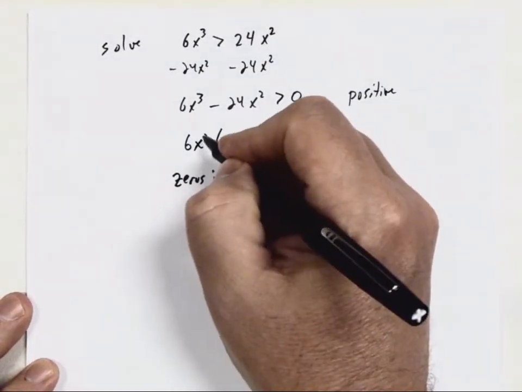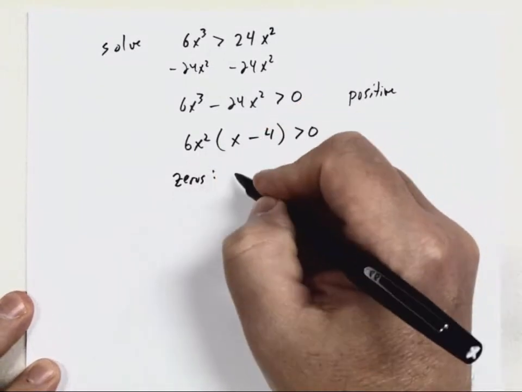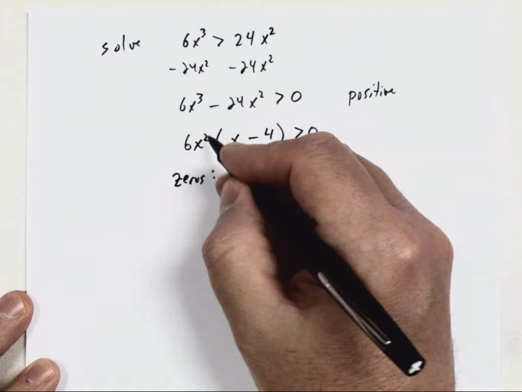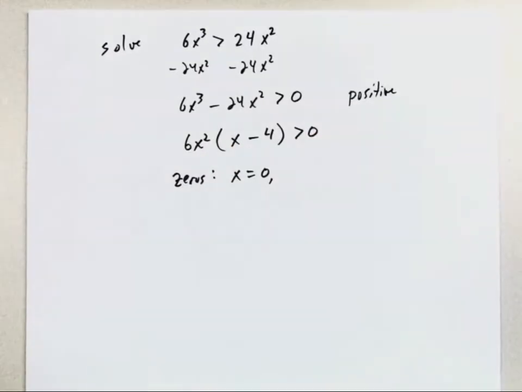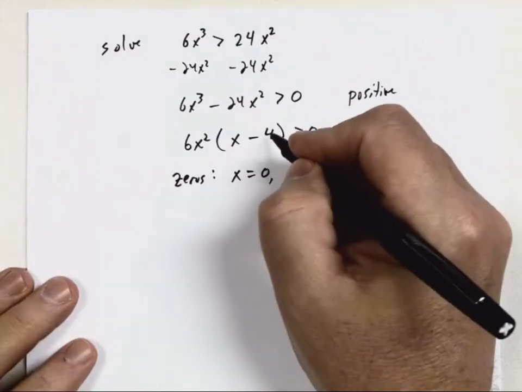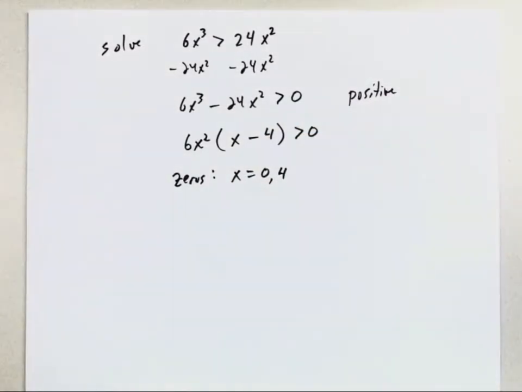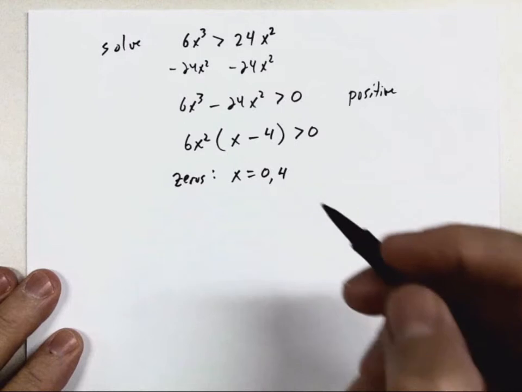So I look at my x's, I got an x squared here. Obviously, if x is 0, x squared would be 0, and that would cause the whole left-hand side to be 0. And now I look at my parentheses, and if x is 4, then once again the whole left-hand side would be 0. So those are my zeros.